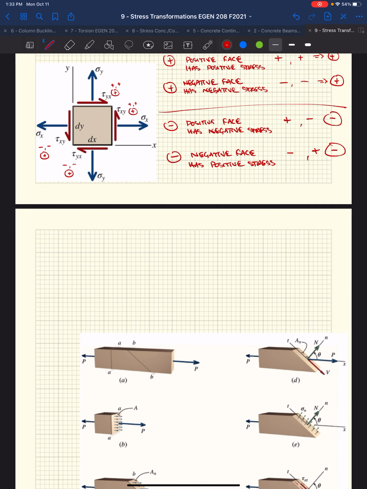So we figured out we're dealing with plane stress. We figured out that our shear stresses are equal on all four sides. And we figured out our sign convention for our shear stresses, right? We know normal stresses: outward is positive, tension. Towards the surface is negative, that's compression. We established that a long time ago in the axial chapter.